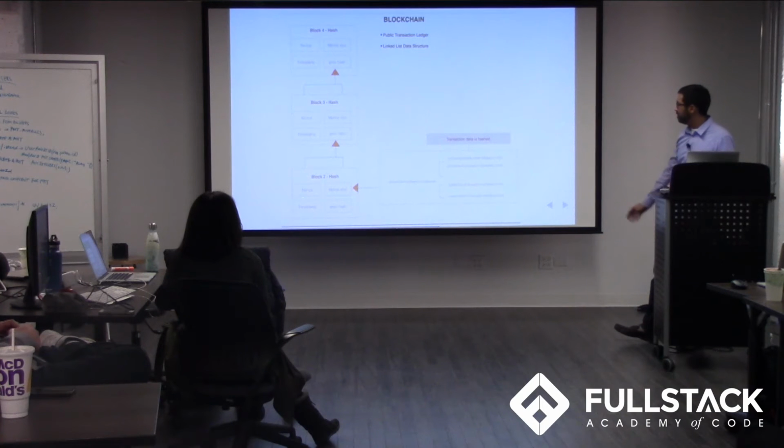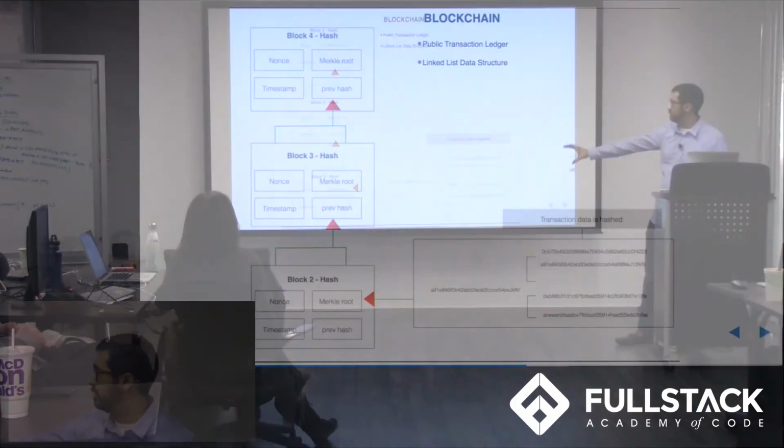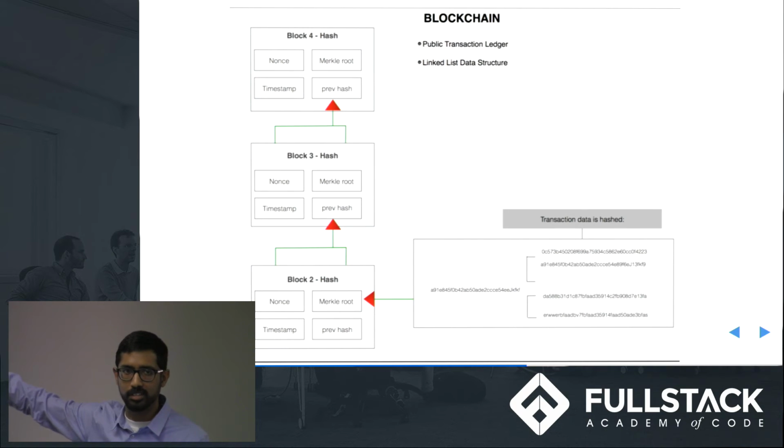So if any of these transaction details are altered or forged in any way, the entire hash for that block is changed, which then changes the hash for all subsequent blocks. So essentially, this is a way to ensure that the blockchain is tamper-proof.